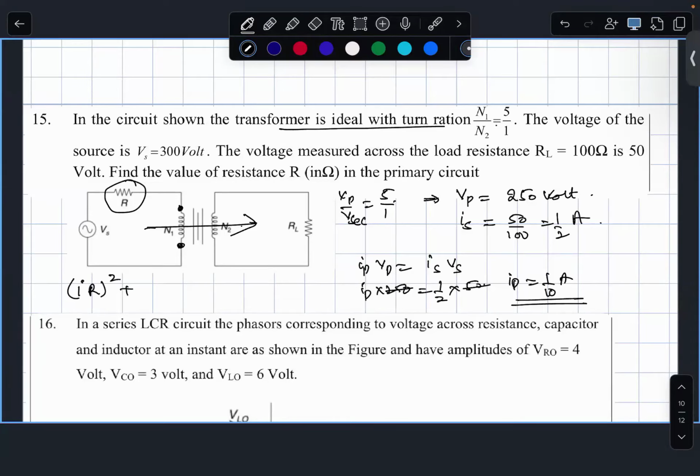IR square plus 250 square is 300 square. So you know I, it is same as I primary. You can find R.